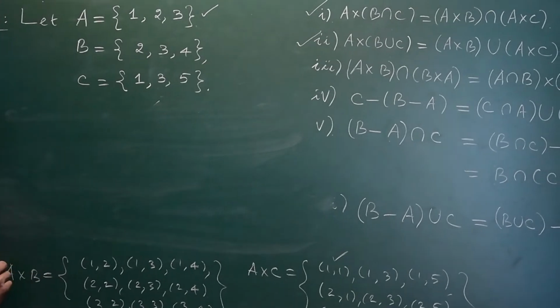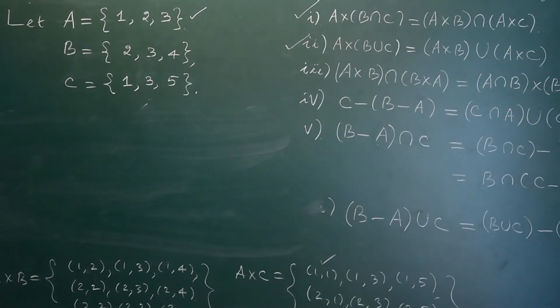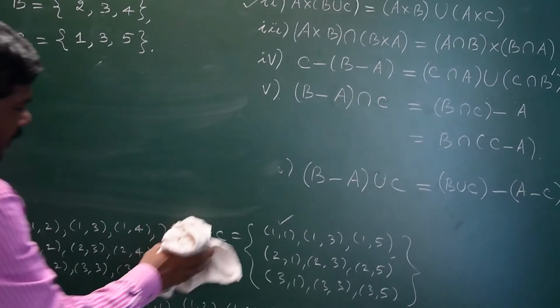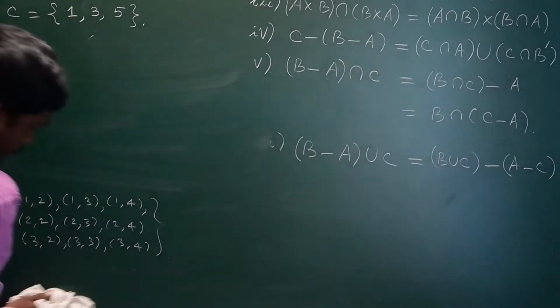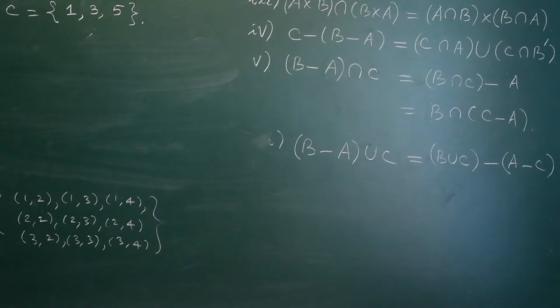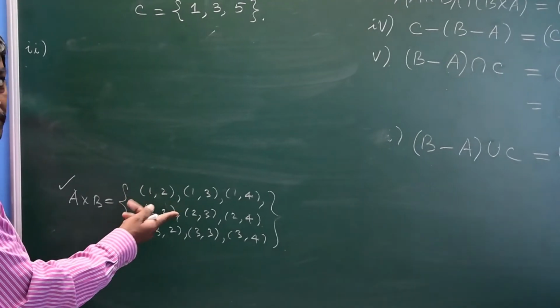So we have A cross B here. Now we are going to write down what? B cross A. For B cross A, you can simply flip the elements.